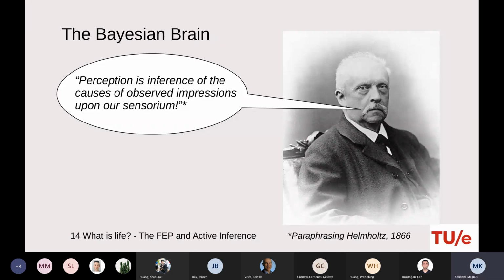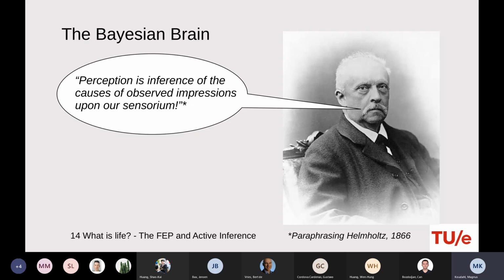So for instance, right now, your sensorium is being bombarded with sound waves. And you are correctly inferring that the most likely cause of those sound waves is that I'm here and I'm talking and you are in a lecture. And that gives you your perception of the world right now.